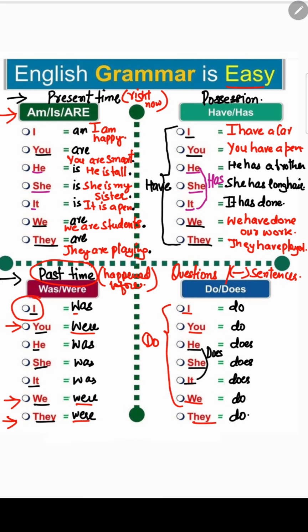Let's look at some examples, like, do you like tea? Question mark. And next, negative sentence, I do not like coffee.